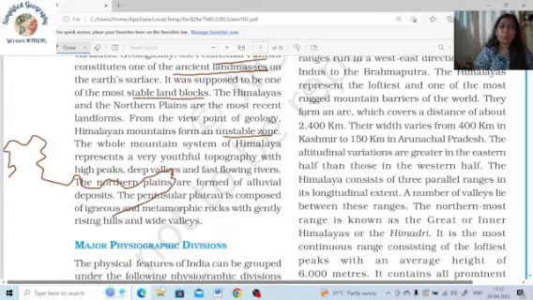Okay, this portion is basically Himalayas. So we will learn about this. First, let us learn why Himalaya forms an unstable zone.